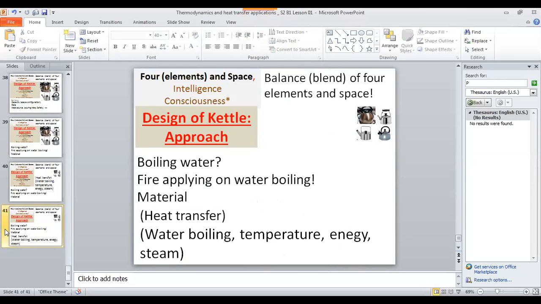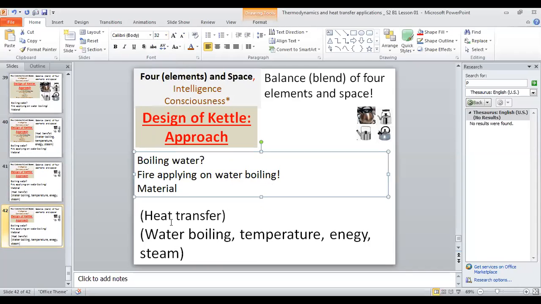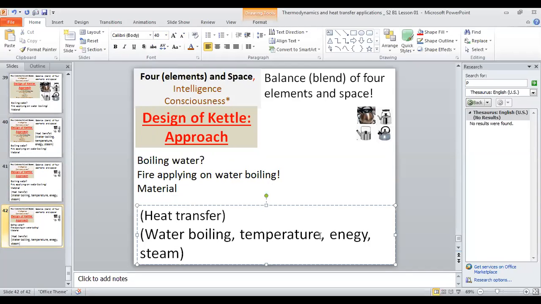In the coming lessons we are going to learn something, but you have to look into this not as homework but as a piece of knowledge. You have to explore this. You have to understand what heat transfer means.